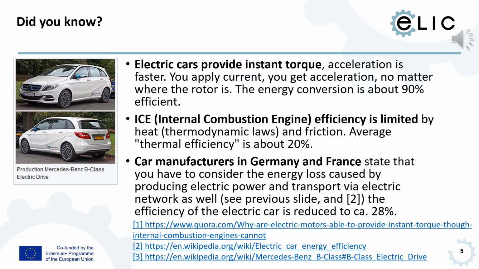And if you would count that energy loss by that old style of production, then e-motors are only 28% efficient. Still, it's more than a combustion engine. And if we would invest into new power plants which don't produce that much energy loss, instead of the old power plants, then we would achieve a high efficiency with e-motors.